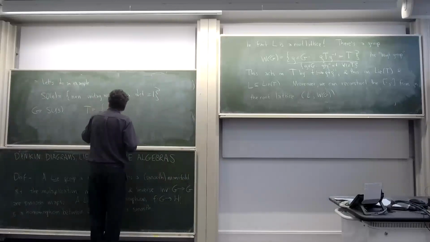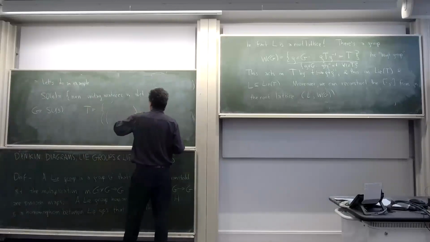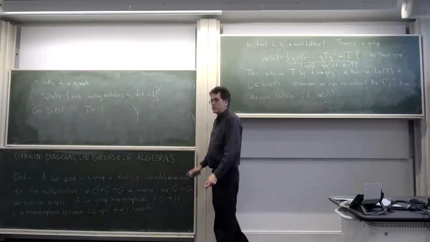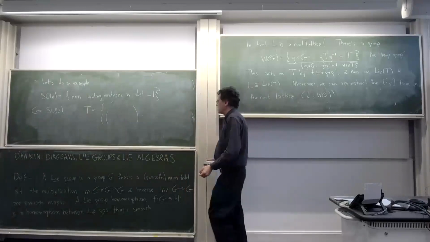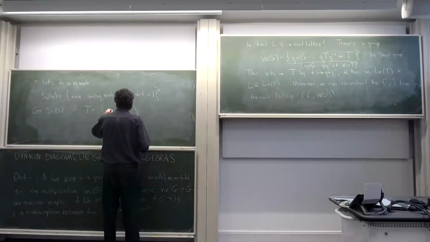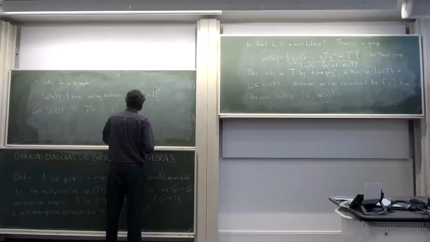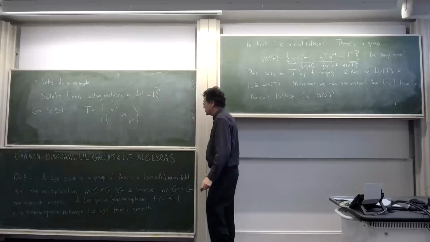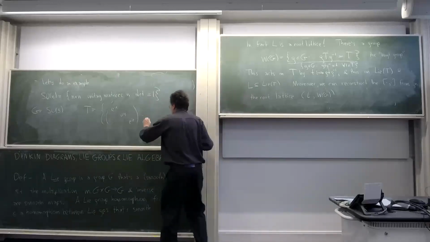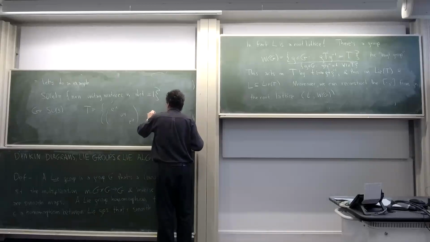Well, it's got to be a bunch of matrices that are unitary and have determinant 1 that all commute with each other and as big as possible. And you might guess, and you would be right, that we should use diagonal matrices. They certainly all commute with each other. And it turns out that that is a maximal torus. I'm writing them as exponentials here because I want to make sure that we get a unitary matrix.